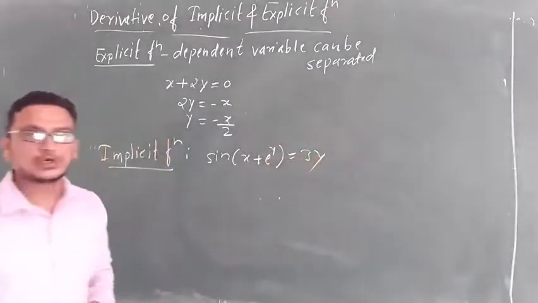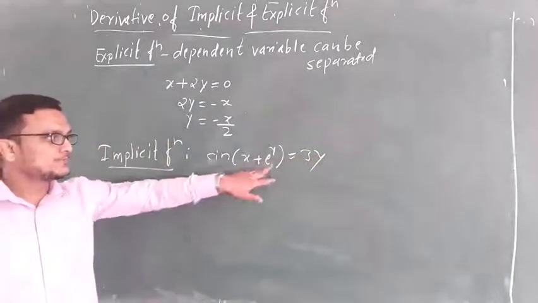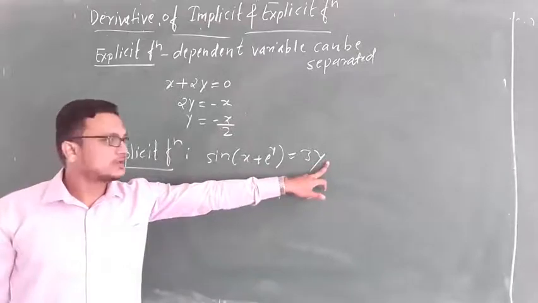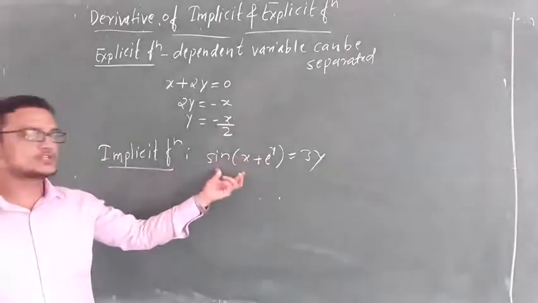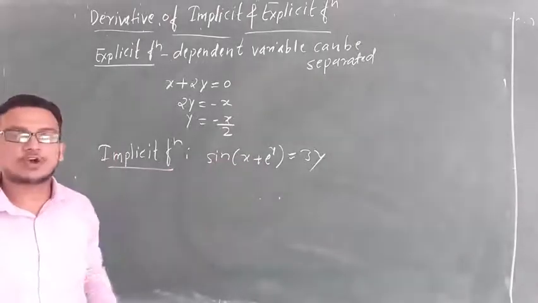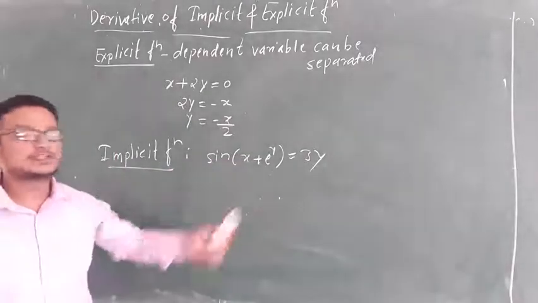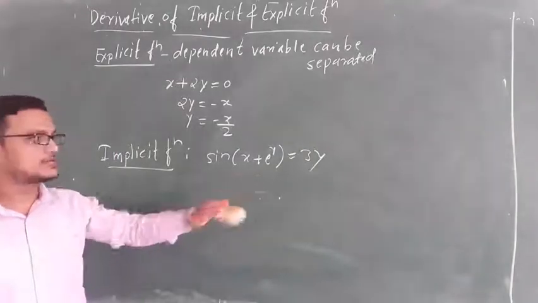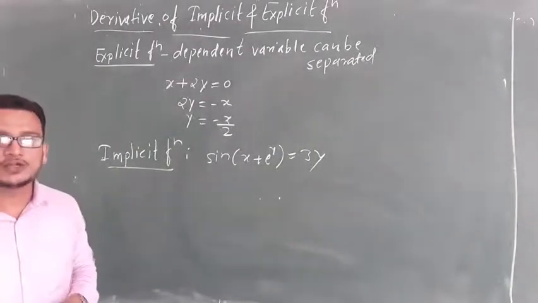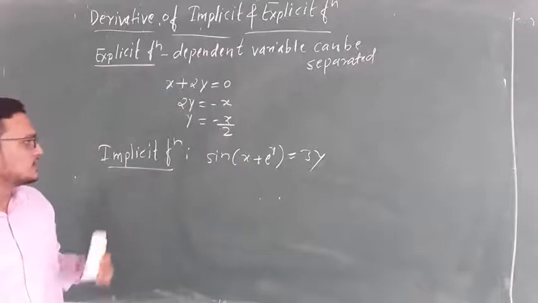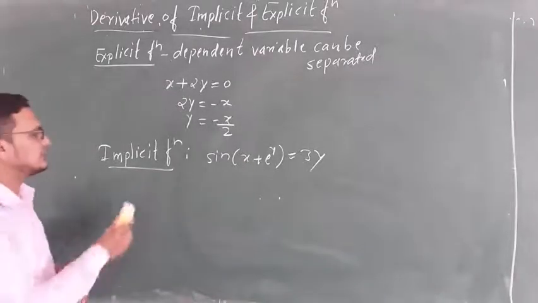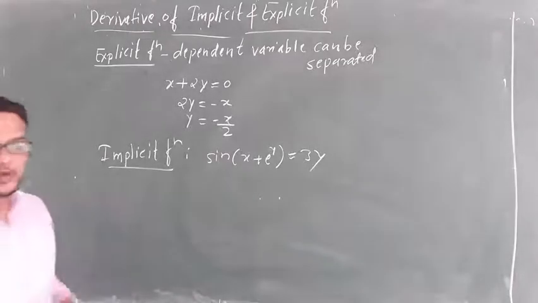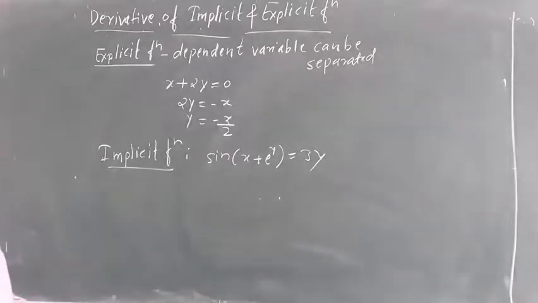Here on the RHS we have a y variable, but one more y variable is inside the composite function. It is not possible to separate the y variable to the other side. Therefore this function is called an implicit function. I hope you got the difference between implicit and explicit function.